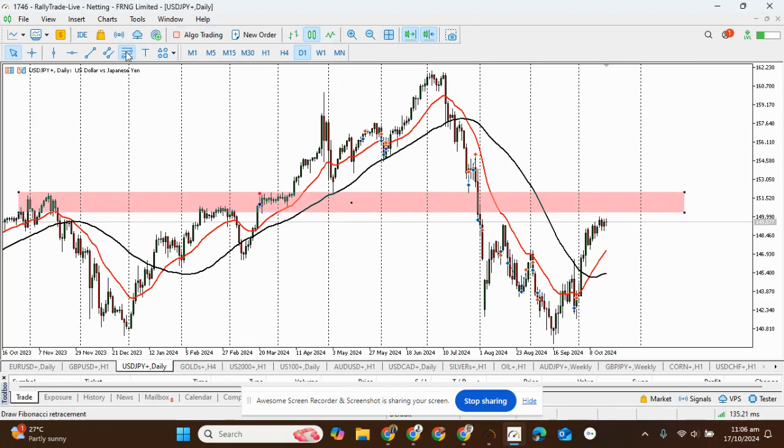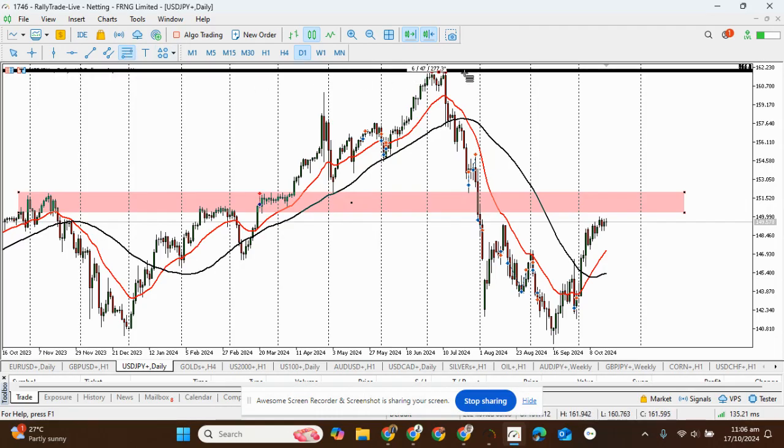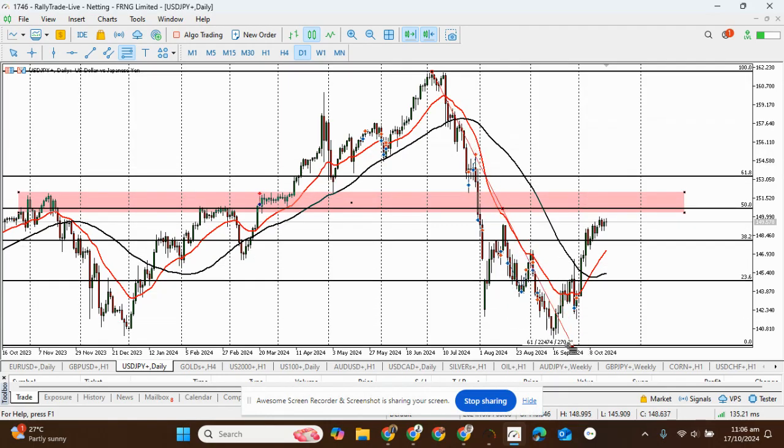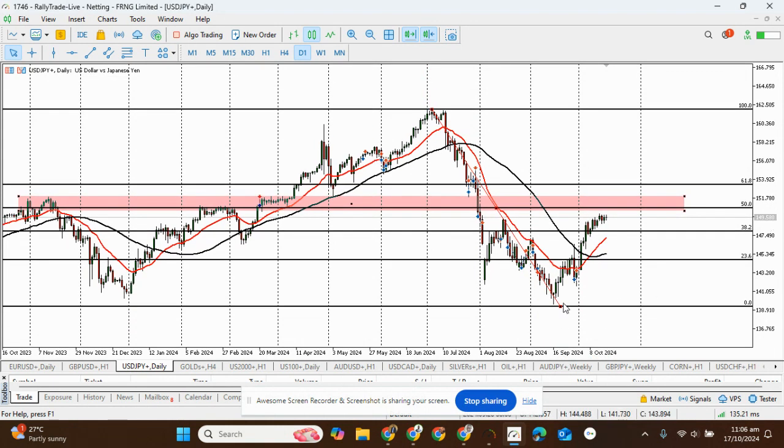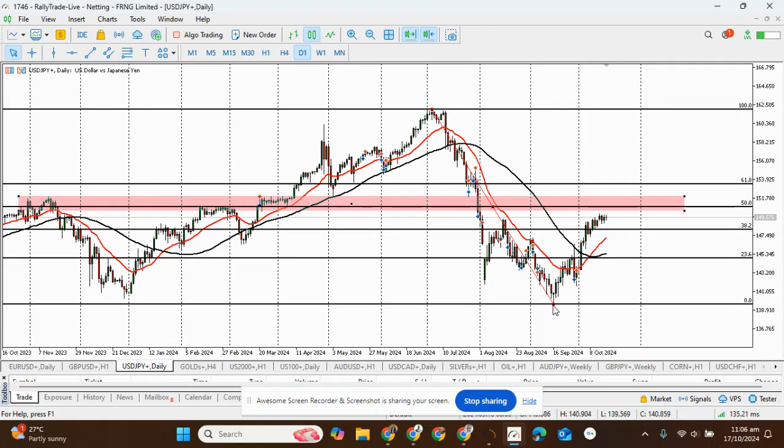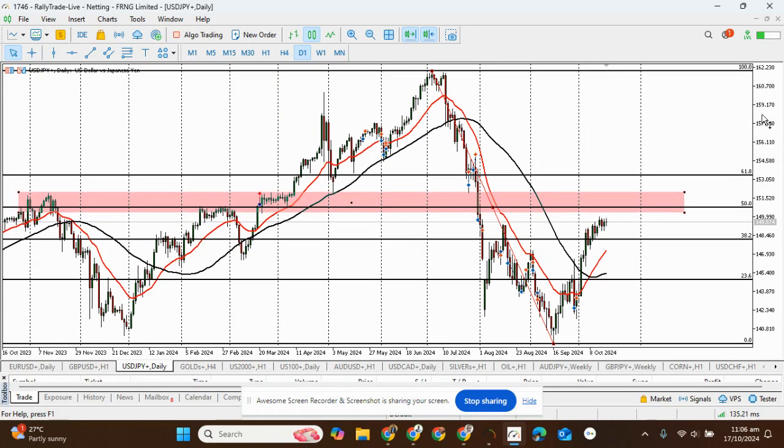Now, what if I draw my Fibonacci retracement, and I do something like this? All right, so I've identified my zone, and this is it here.